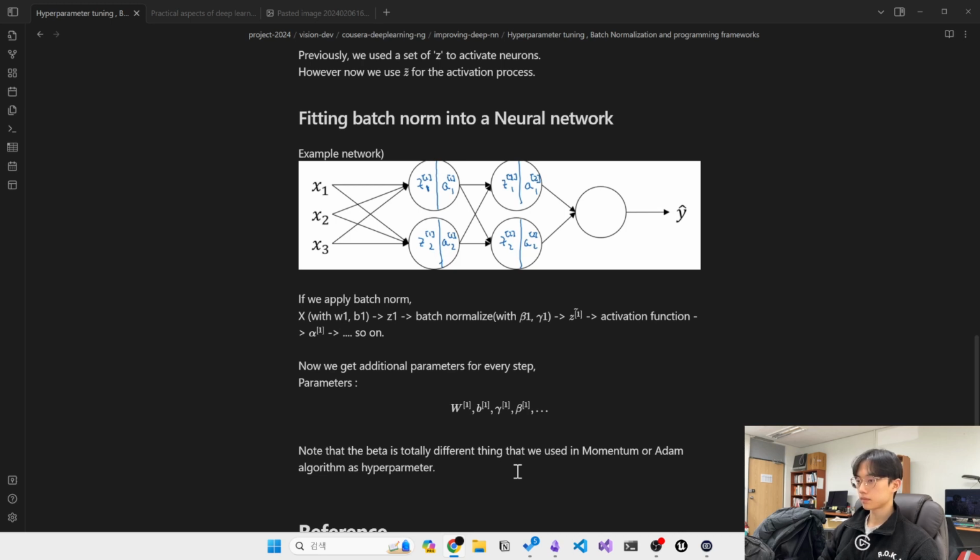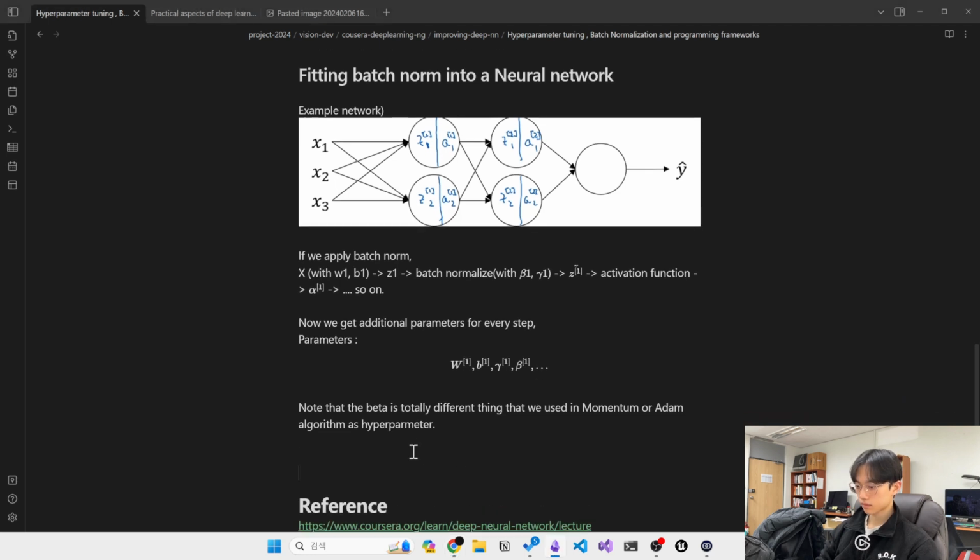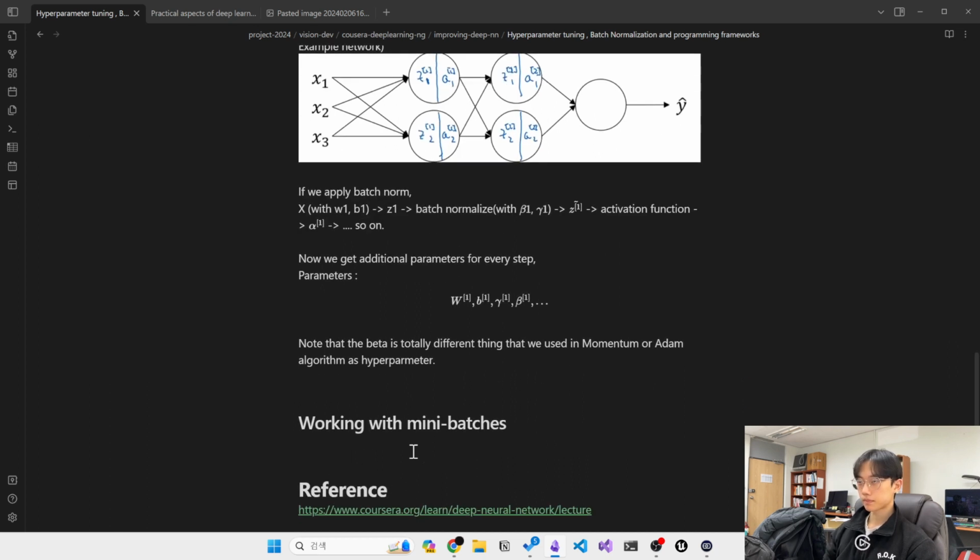In practice, batch norm is usually applied with mini batches of your training set. So the way you actually apply batch norm is you take your first mini batch and compute Z1, same as we did on the previous slide, using the parameters W1, B1. And then you take just this mini batch and compute the mean and variance of the Z1s on just this mini batch.